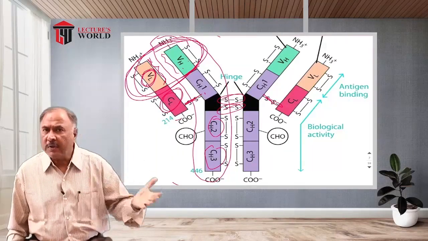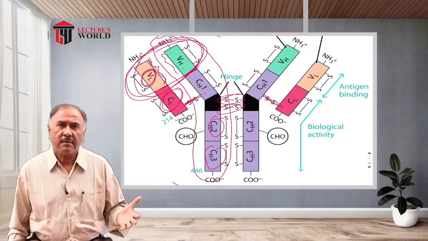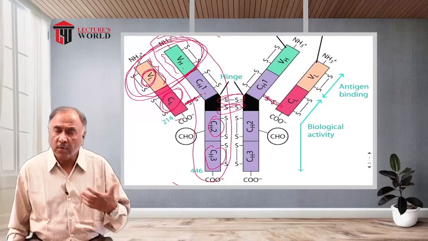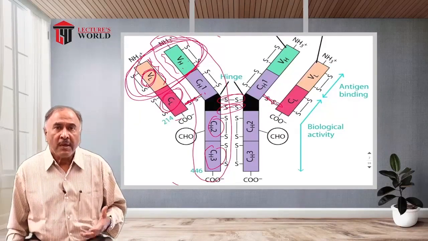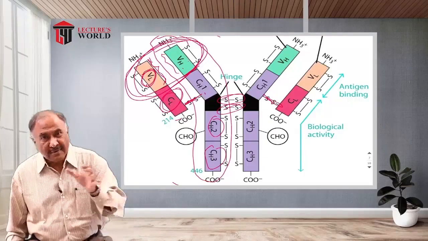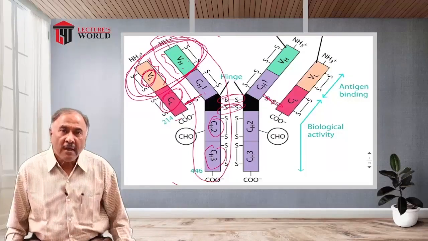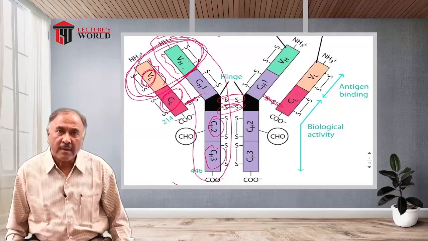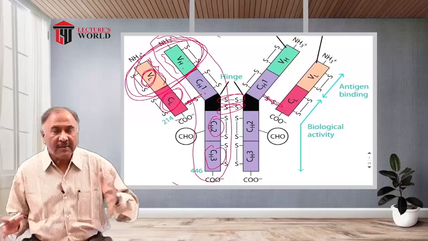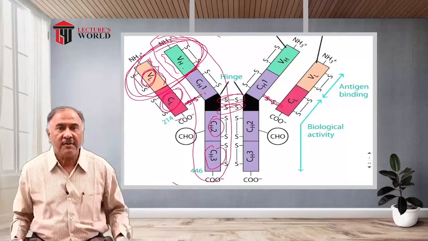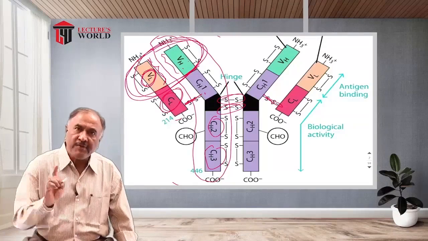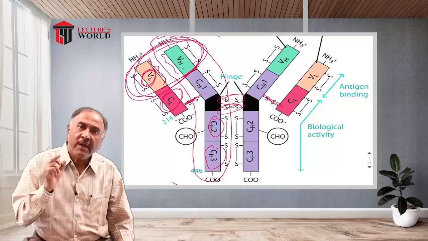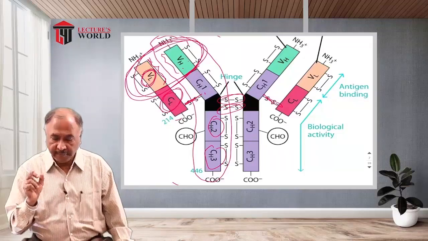So there are innumerable immunogens, and naturally the host should have ability to produce similar innumerable huge amount of immunoglobulins. Then and then they will be able to bind with one. So this is the variable region which plays an important role in what we call antibody diversity. Okay.